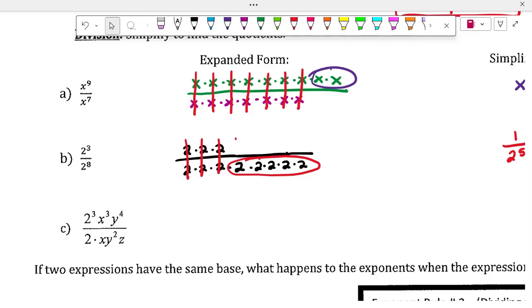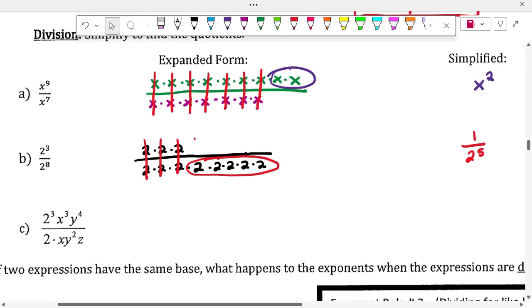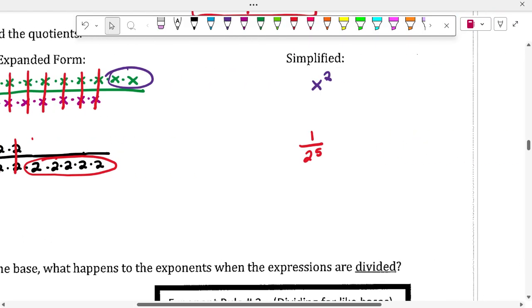Sometimes, they become too big to do that. So just at least know the rule so you can always fall back on that. Now, what is 2 to the 5th? That's 32. So this would be 1 over 32. And if you didn't know that, that's why I made you guys grab a calculator.